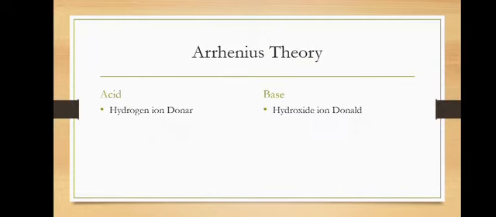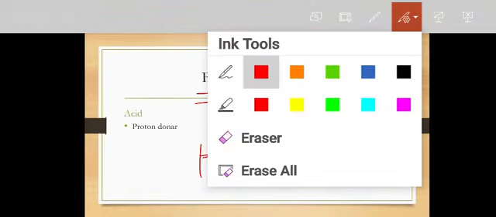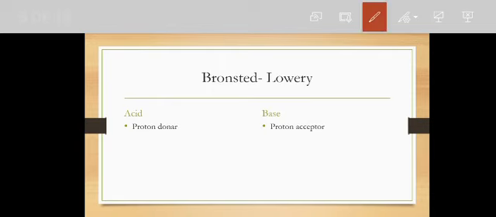H+ ion donor is acid, OH- ion donor is base. But Bronsted-Lowry theory is related with proton only. Proton donor is acid, proton acceptor is base.